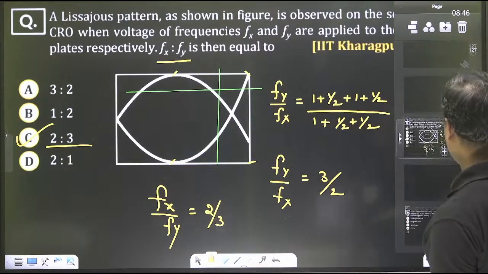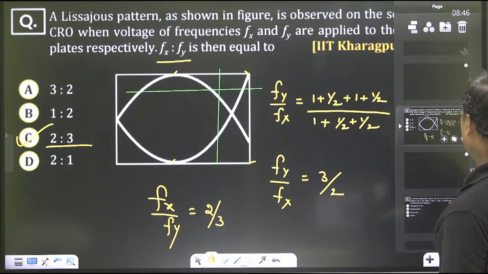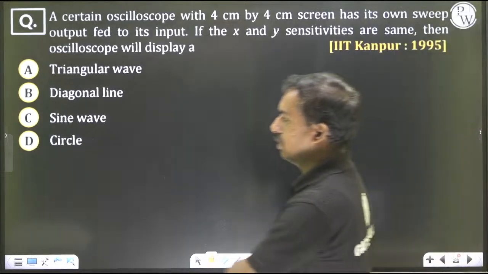Let's go for the next question. What is the answer for this?